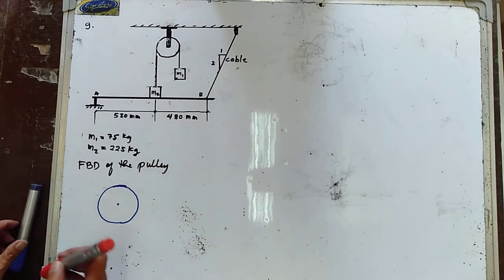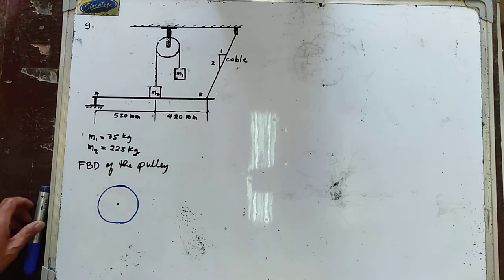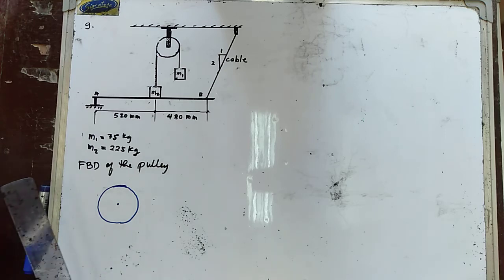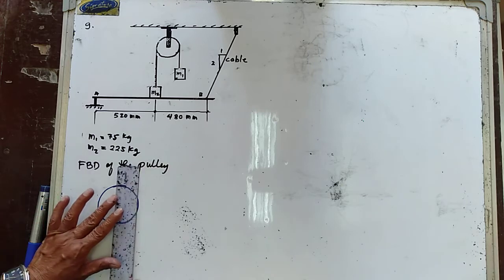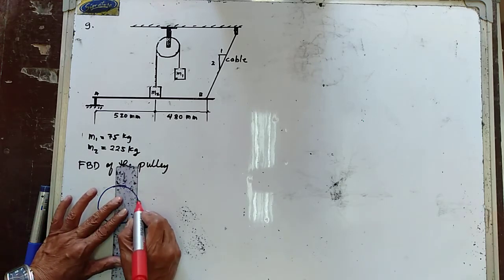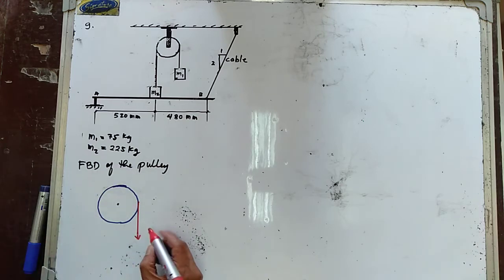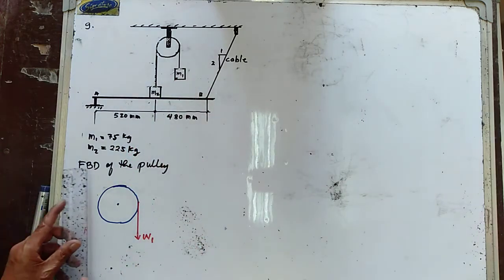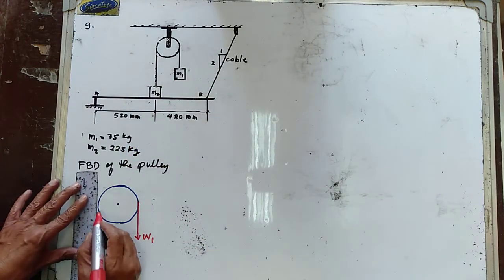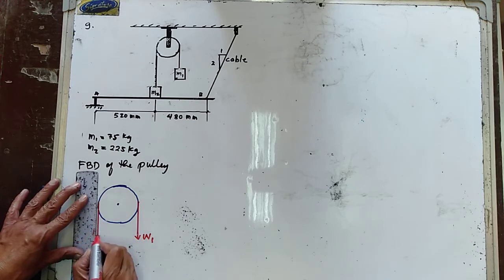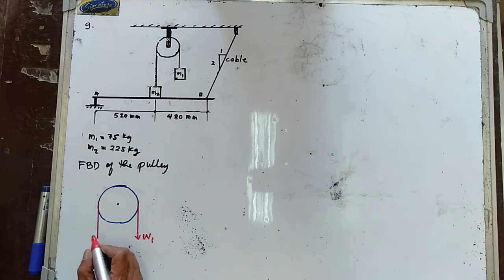I'm going to consider now this is your weight W1. So that is M1. So we have W1. And let's consider that this one in here is T sub 1.